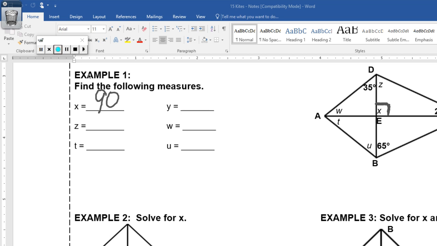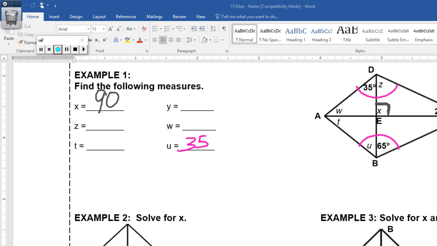Then the next thing we can do is look at our properties that say that we have one pair of opposite angles that is going to be congruent. So I know that those have to be congruent. Remember that this left side has to be equal to this left side. So U has to be 35.